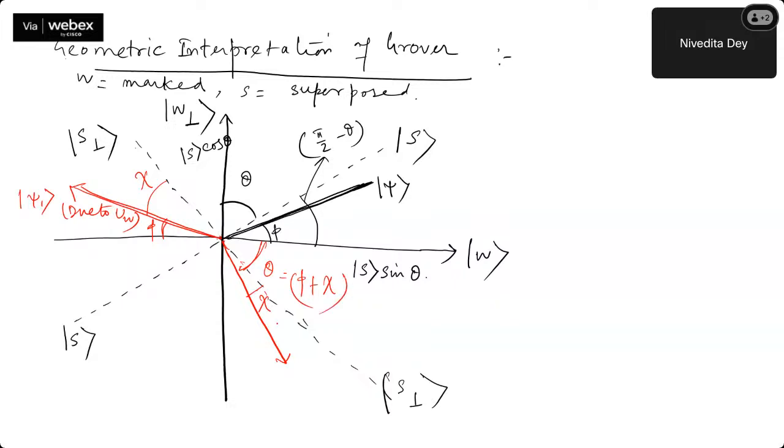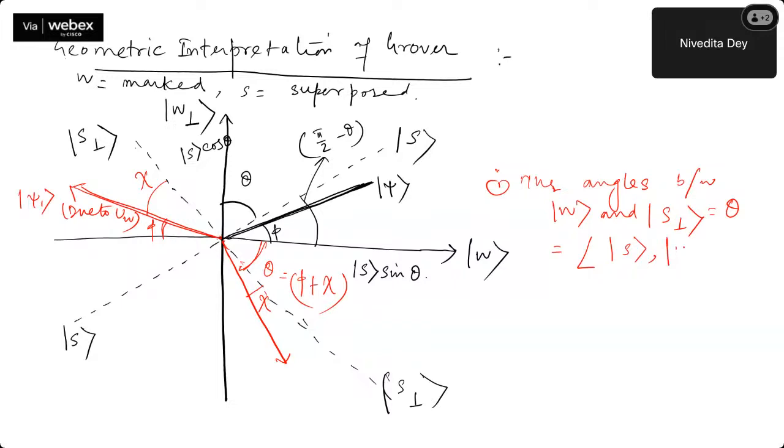So the angle between UW and the S perpendicular component is theta, and that is also equal to the angle between your S and W perpendicular, which is also equal to phi plus chi.